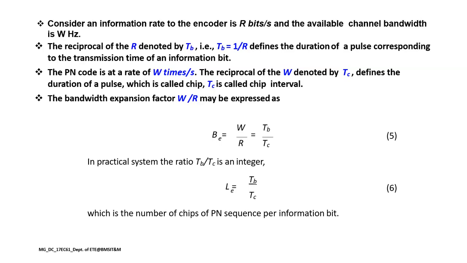The ratio of W and R is known as the bandwidth expansion factor, equal to W by R. Usually it will be more than 1, because W, the pseudo-noise code rate, is much greater than the rate of the information bearing signal. If I substitute W as 1 by TC and R as 1 by TB, I get TB by TC.